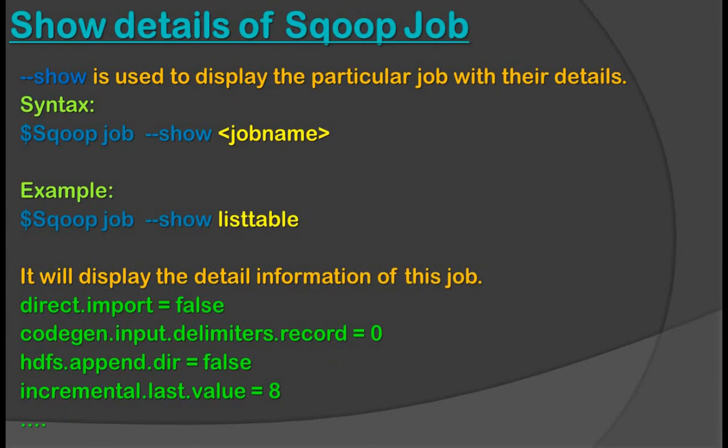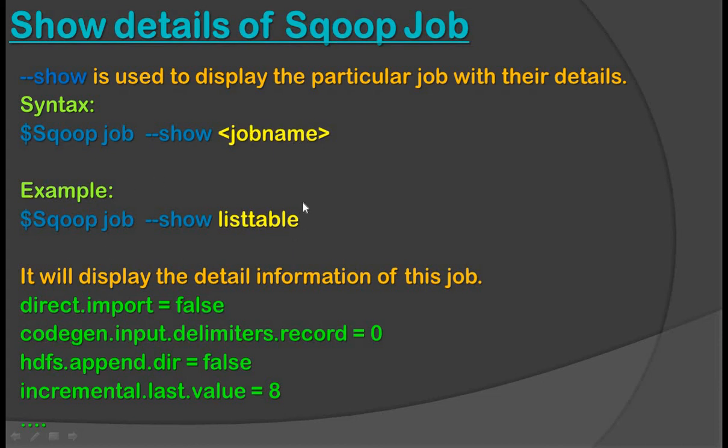The next thing is how to show details of a Scoop job. If we want to show details of a Scoop job, then we can use the double hyphen show keyword. Double hyphen show is used to display a particular job with its details. This is the syntax: sqoop job --show and the job name.